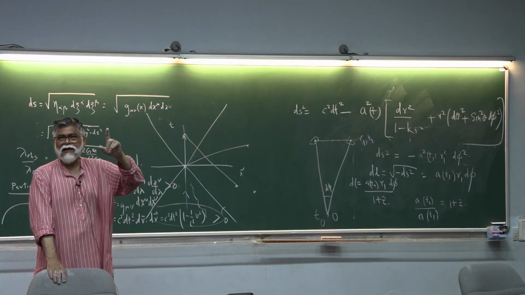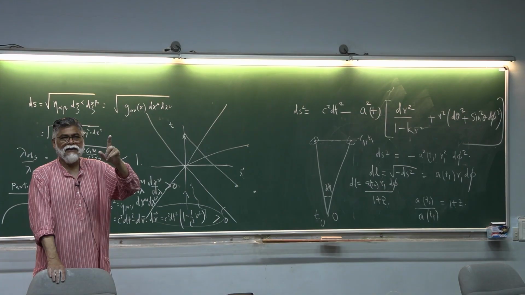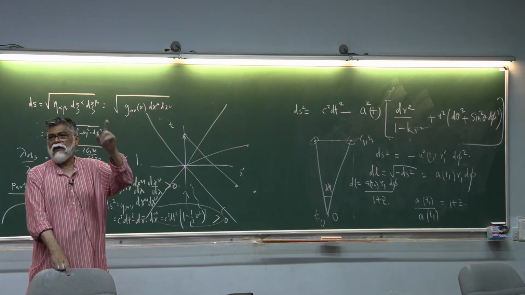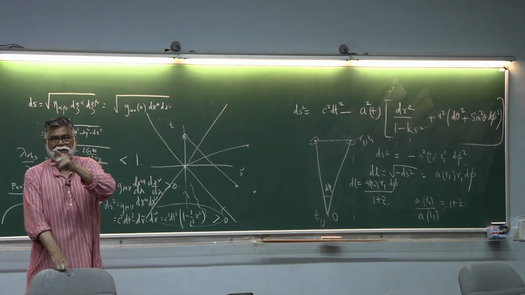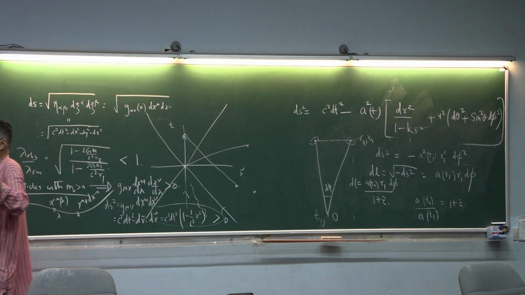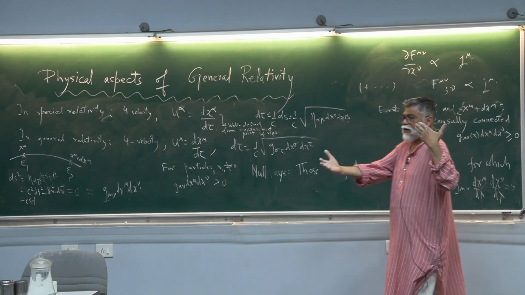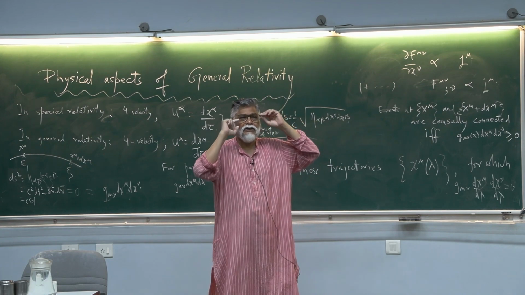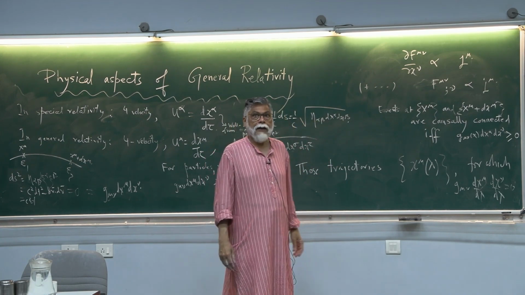The correct relation is that the luminosity distance for a source at redshift z is a(t0) into r1 into 1 plus z. So that's how cosmology, which is theoretical, makes a confrontation with the observation, and this is the subject of observational cosmology. All right.